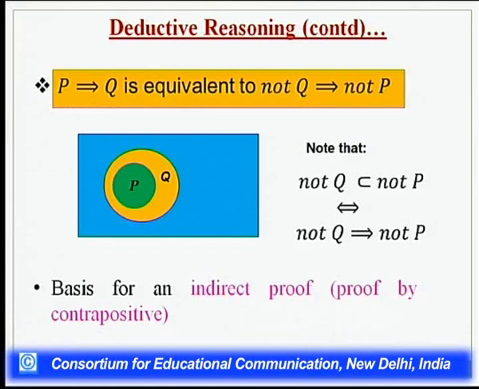So not Q is a subset of not P, and this is equivalent to saying that not Q implies not P, because whenever we say P implies Q, P is a subset of Q. Similarly, saying not Q implies not P is the same thing as saying not Q is a subset of not P.